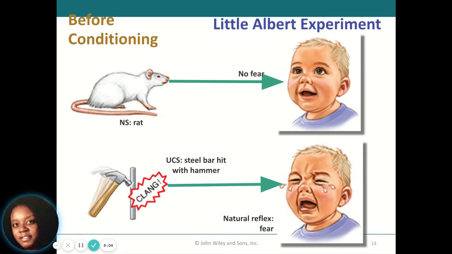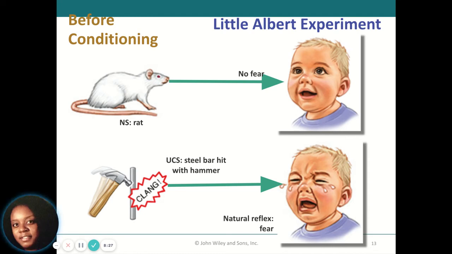There's a famous experiment in learning psychology known as the Little Albert experiment. In Little Albert's case, there was a psychologist, John Watson and Rosalie Rayner, who wanted to see whether or not they could condition fear in babies.